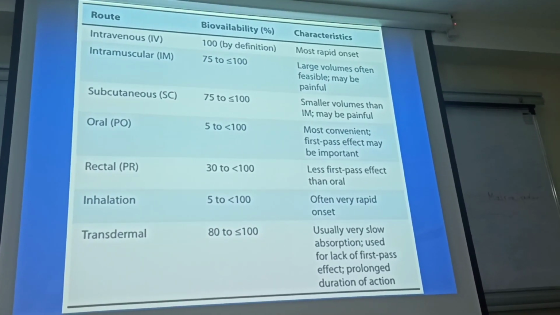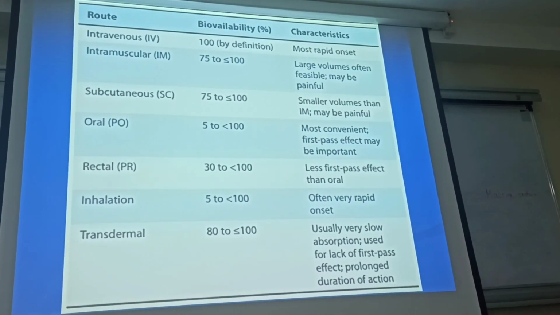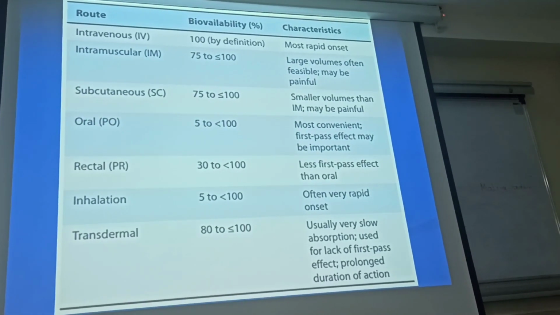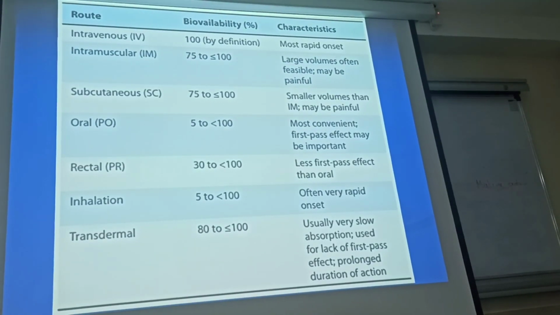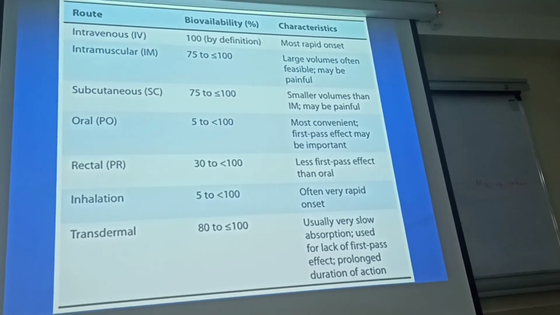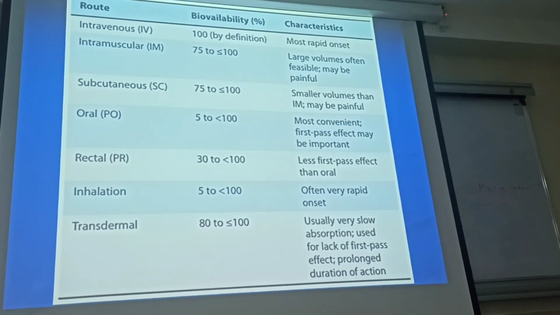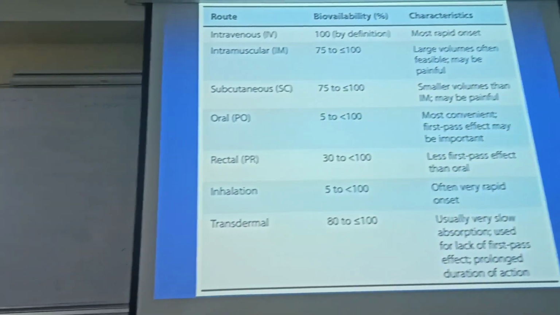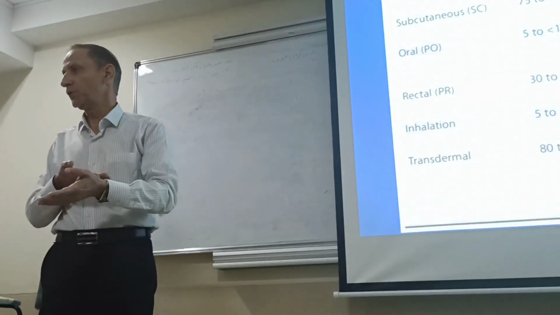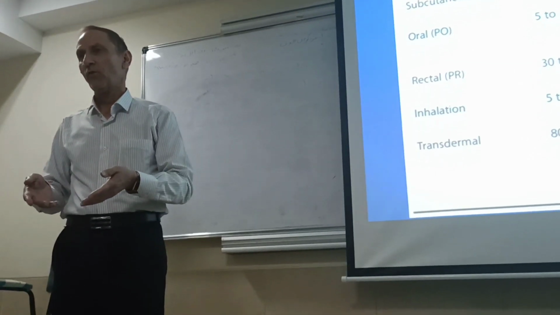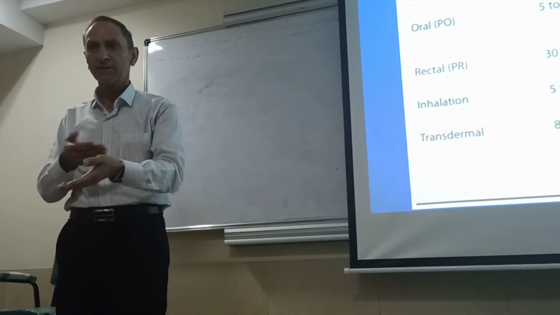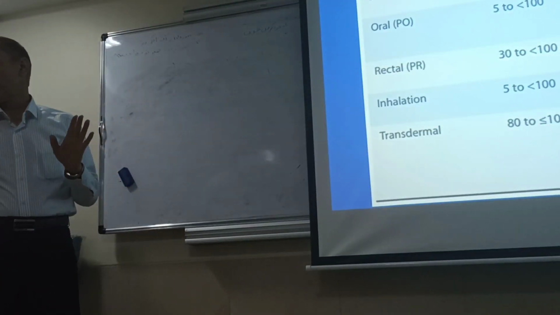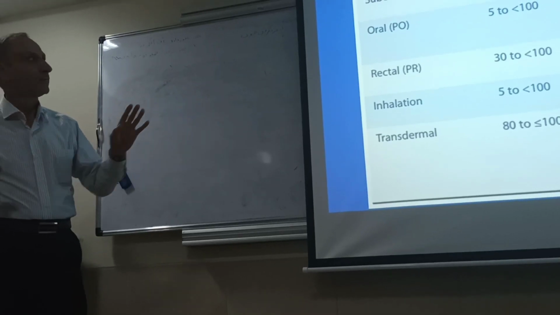A comparison of bioavailability through different routes. IV, intravenous. By definition, in the IV route, we have 100% bioavailability. As I said, bioavailability is the fraction that reaches the systemic circulation. So in the IV route, we deliver all the drug to the systemic circulation, and we have 100% bioavailability.